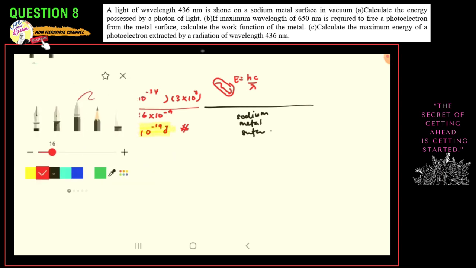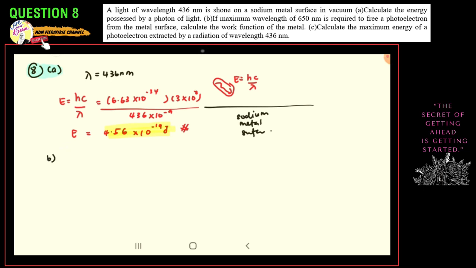Okay, B. If a maximum wavelength of 650 nanometer is required to free a photoelectron from the metal surface, calculate the work function of the metal.